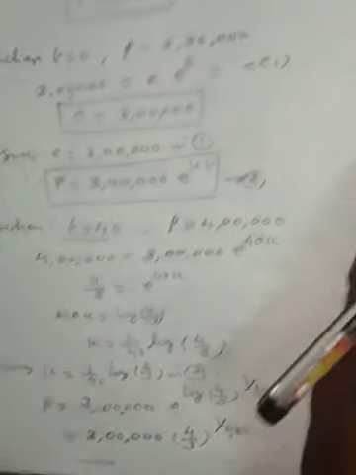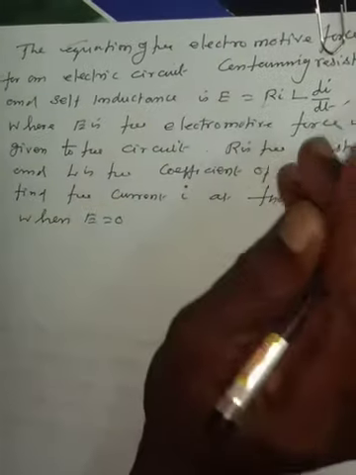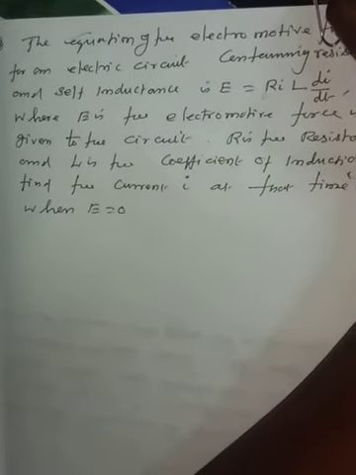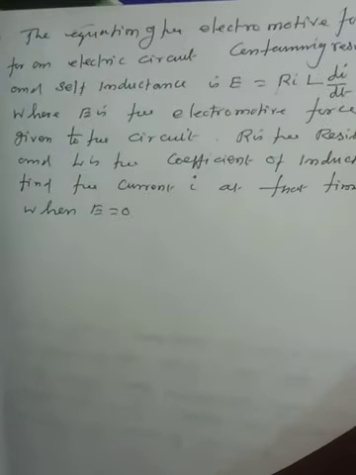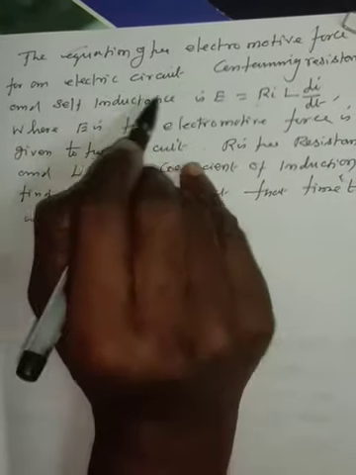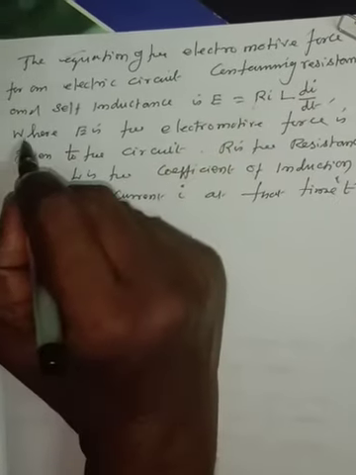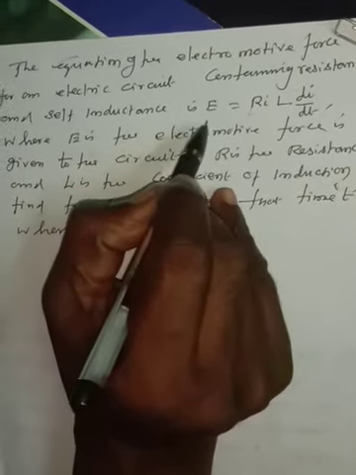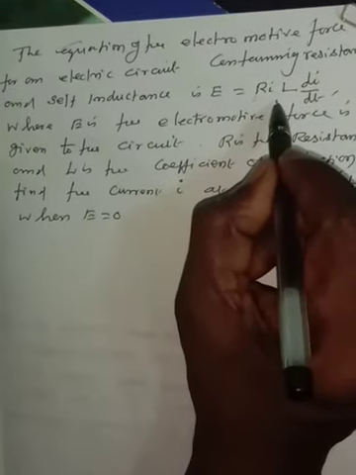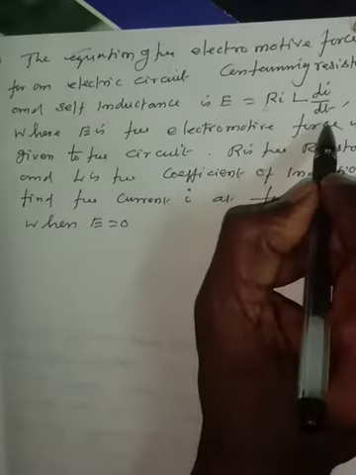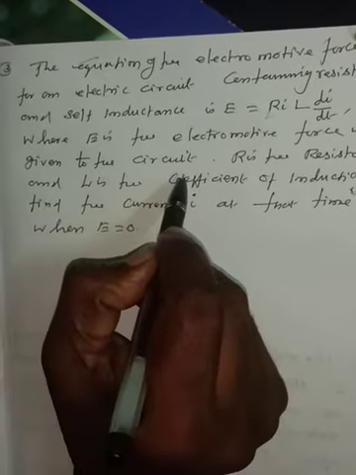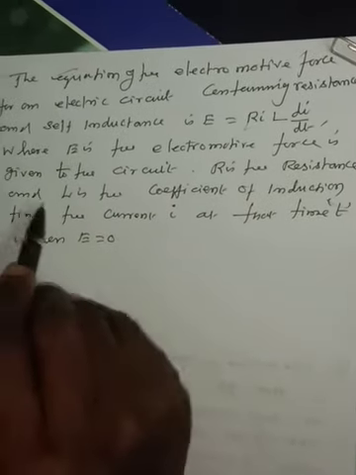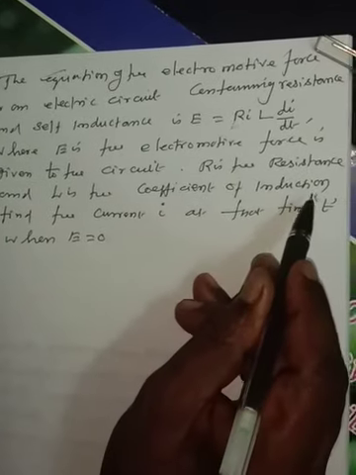So hence the equation of the electromotive force. The electric circuit containing the resistance and self-inductance is capital E is equal to R I plus L di by dt, where E is the electromotive force given to the circuit, R is the resistance, and L is the coefficient of induction.